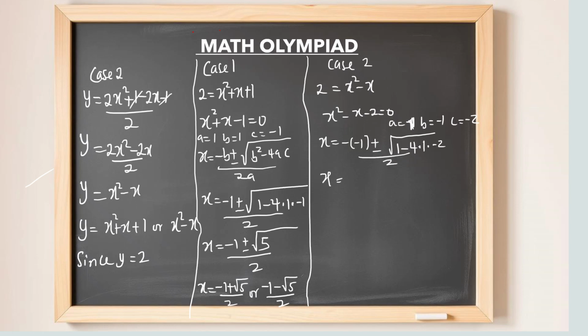So x equals 1 plus or minus the square root of 9 over 2.